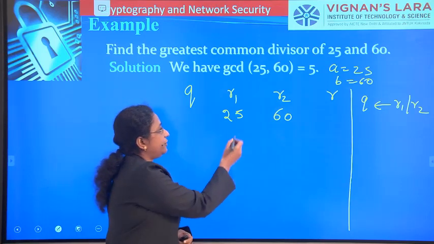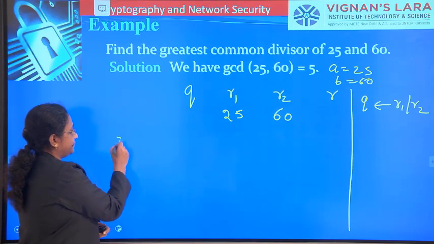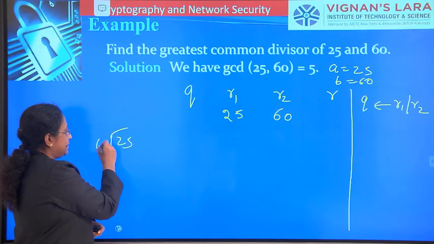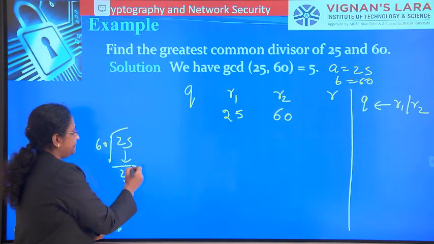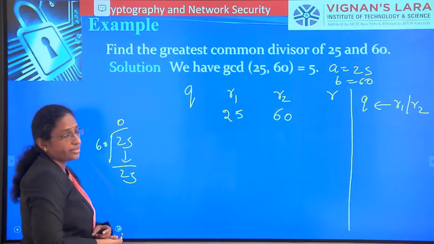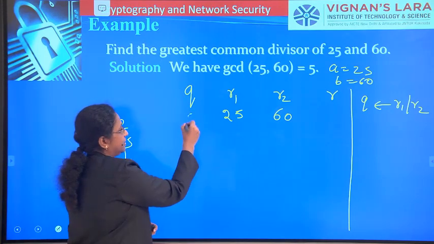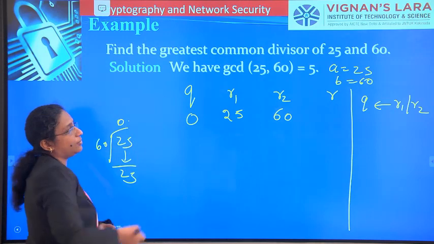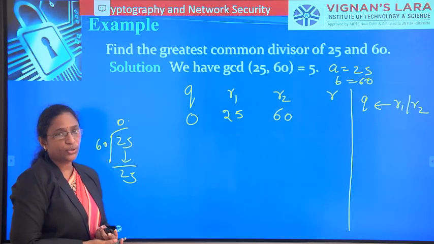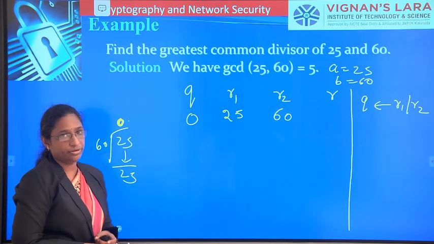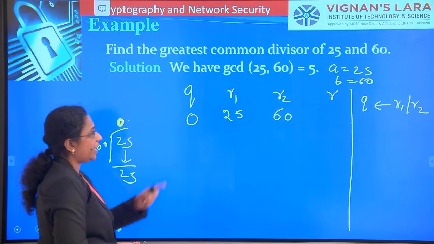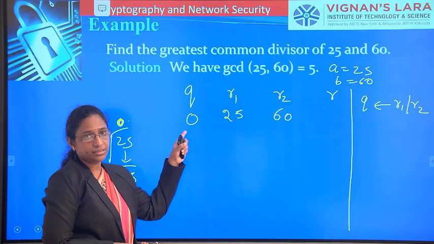Here, dividing 25 by 60, since it is not divisible, we get a quotient of 0 point something. Since we don't take any fractional part, the quotient will be 0 itself.